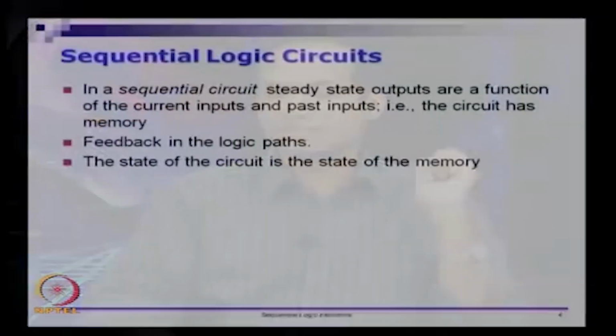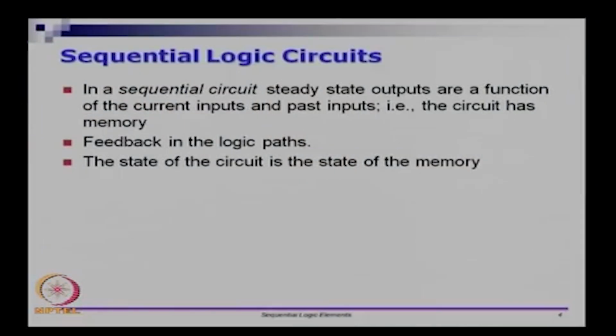In the circuits that we have seen so far, you start with the inputs, and then these feed some gates, and these feed some other gates in turn, and so on till you have the output. At no point did we have a wire coming back from the output of a gate to somewhere in the input of the circuit. That never happened so far, but for memory you need this feedback path, and the state of the circuit is actually registered as the state of the memory.